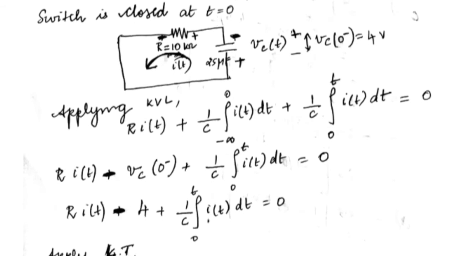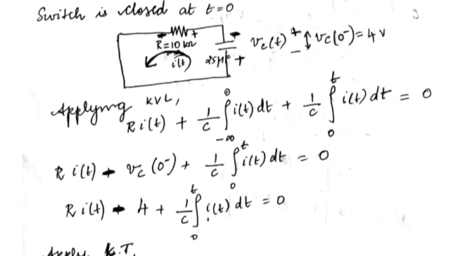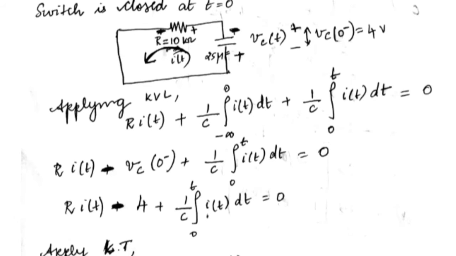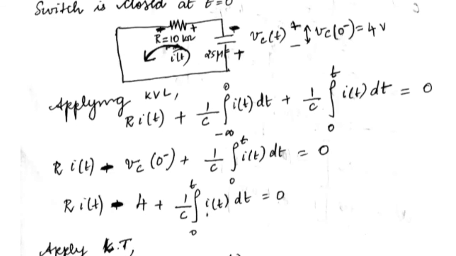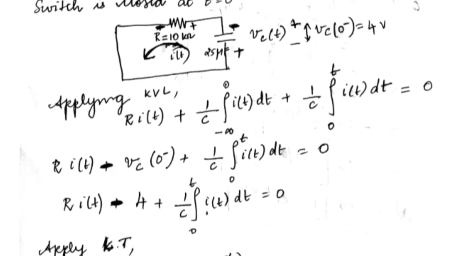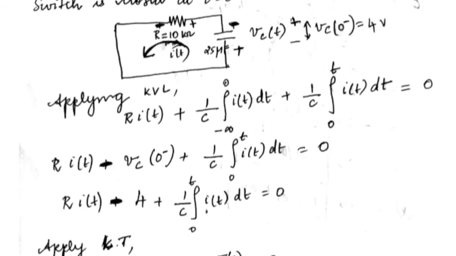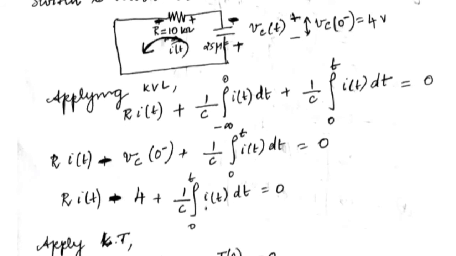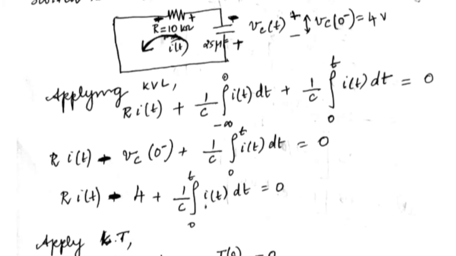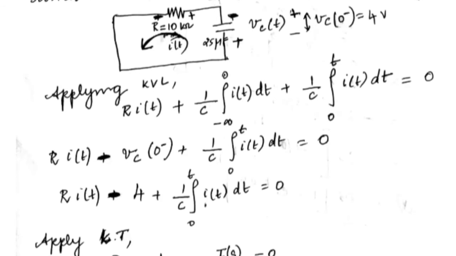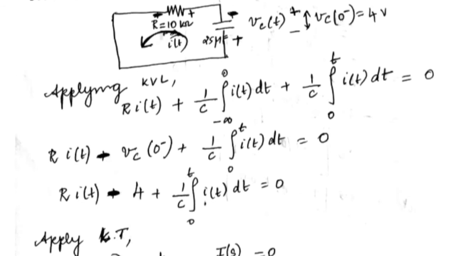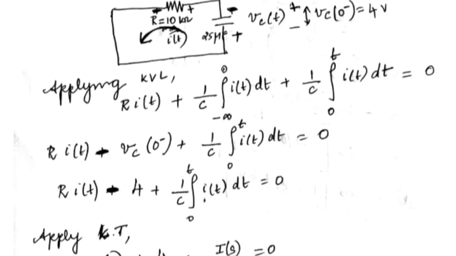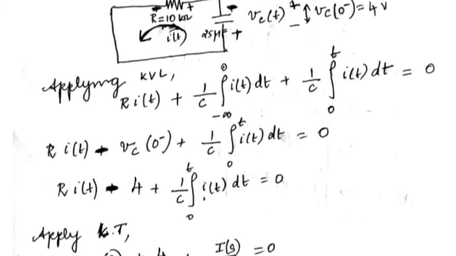Applying KVL, we get R i of t plus 1 by C integral from minus infinity to 0 of i of t dt plus 1 by C integral from 0 to t of i of t dt is equal to 0. Here we calculate the voltage present in the capacitor before switching, so we take the time period in the negative range, minus infinity to 0, which gives Vc of 0 minus.